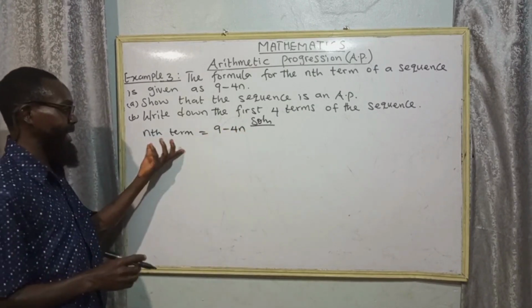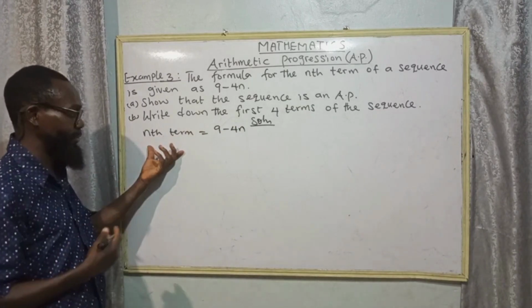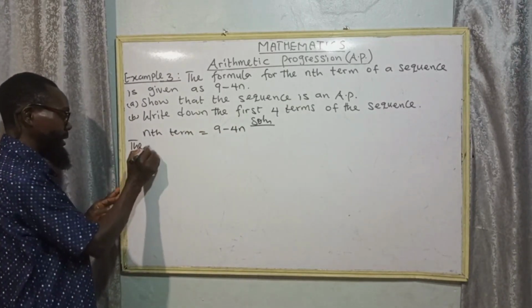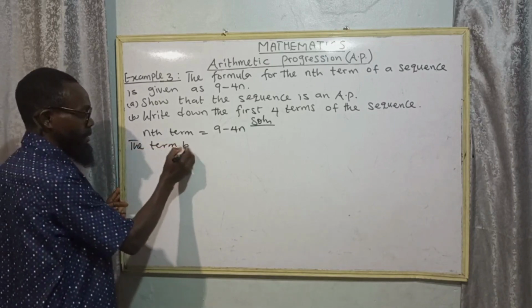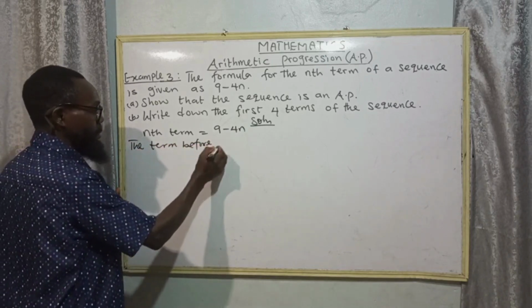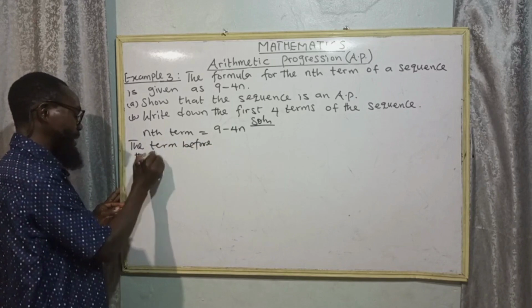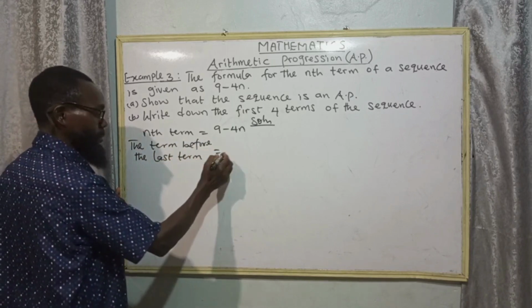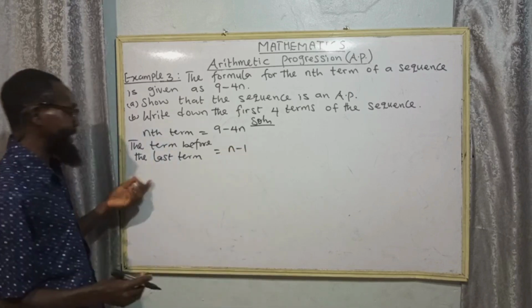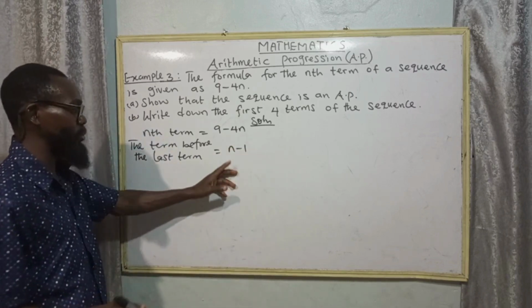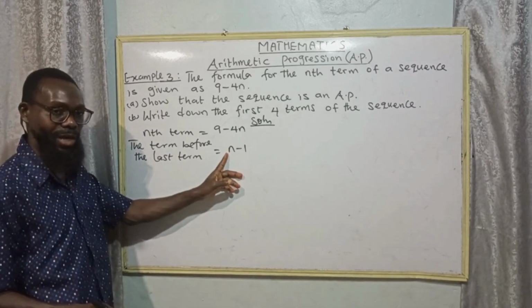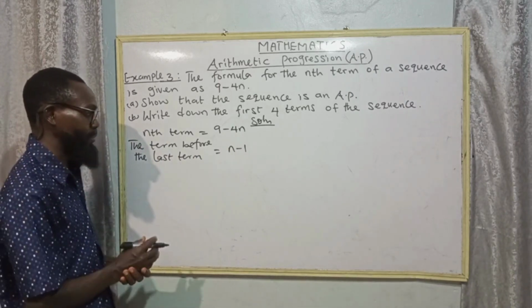Because if the nth term, which is the last term, is 9 minus 4n, then the term before the last term is going to be 1 less than the number of terms that we have.